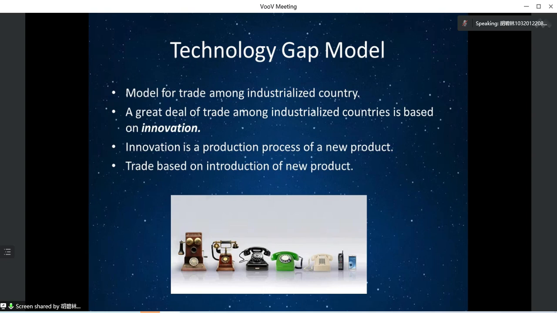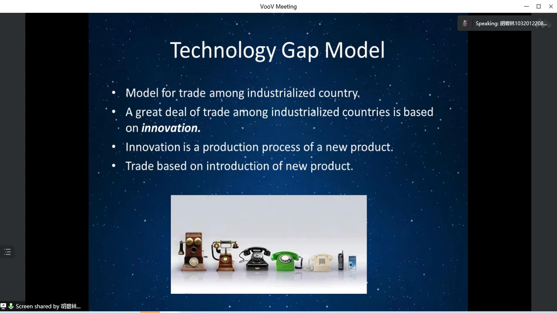Why do we have this kind of definition? It's because innovation is the production process of a new product. Without innovation, we can't create new things. Without new technology, we can't let our society progress into a better future. So innovation is the key of an industrialized country.